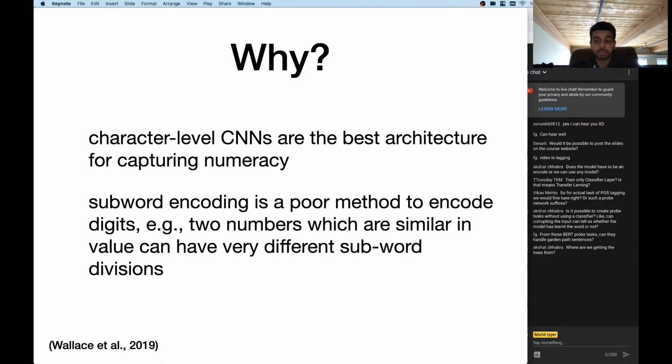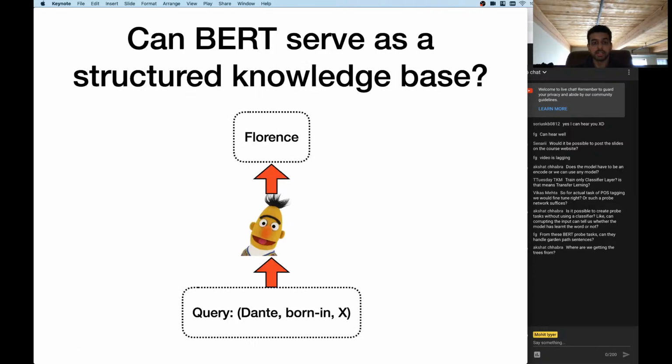Other numbers might be split up into multiple different digits, and so it's not consistent. But in a character-level model, it's always going to be represented as a sequence of digits. So if you're interested in having a language model that's also capable at doing some math, you might consider a model like ByT5 or other character-level things that we've discussed.